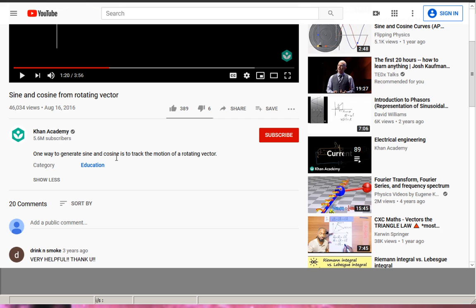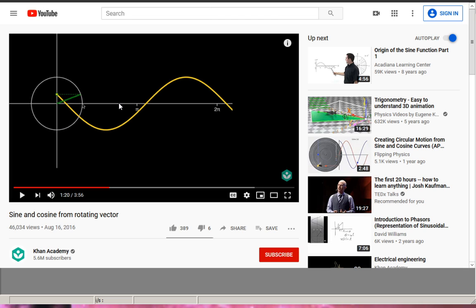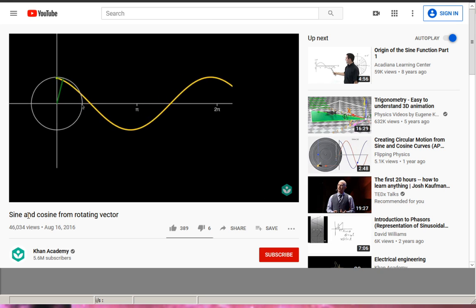One way to generate sine and cosine is to track the motion of a rotating vector. Zero right there. Let's wait till it comes around again. The value of the yellow line when it goes through 0 is 0.